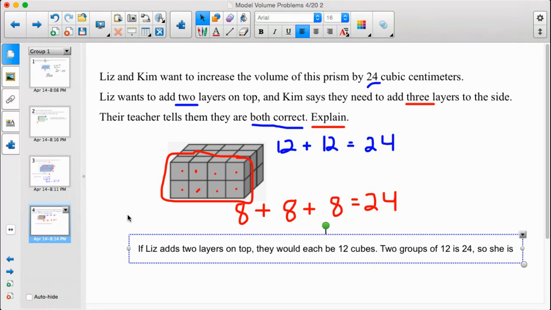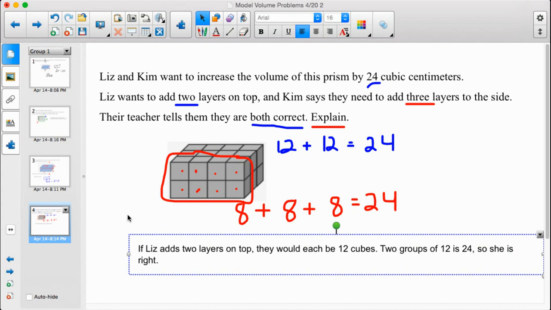So she is right. And I would talk about Kim. If Kim added 3 layers to the front side, each layer is 8, so she also would add 24 cubes.